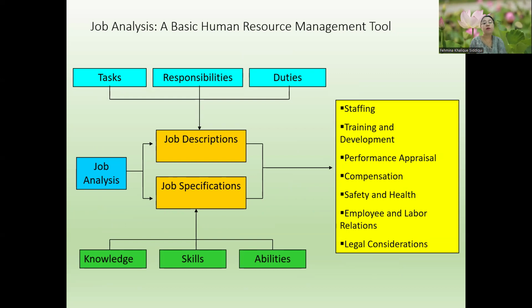So what are the tasks? We have already discussed. Small tasks make up the job of a person. For example, the tasks to be performed by a marketing manager would be telecalling and going to the field, talking to the customers, convincing them, selling the product. The responsibilities that the marketing manager would carry would be to meet the targets, complete the targets, and motivate the workforce under him or her.